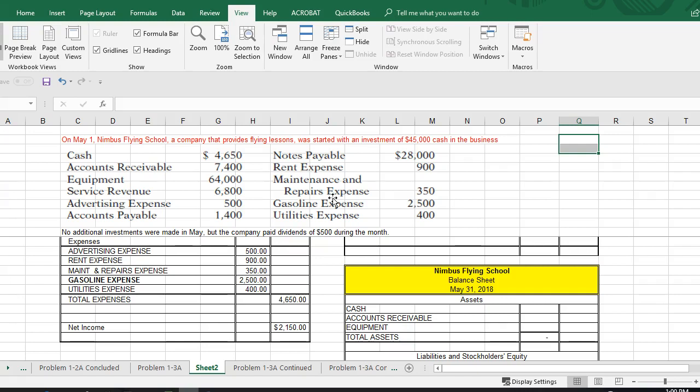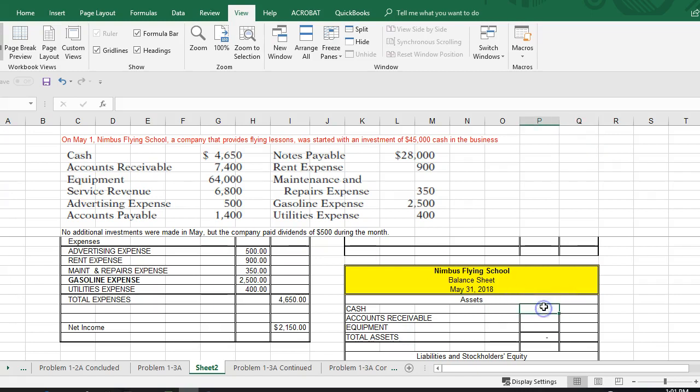Remember that assets are things of value that are owned or controlled by the business organization. So for assets, we have cash, accounts receivable, and equipment. Those are all considered to be asset accounts. They're all items of value that are either owned or controlled by the business organization.